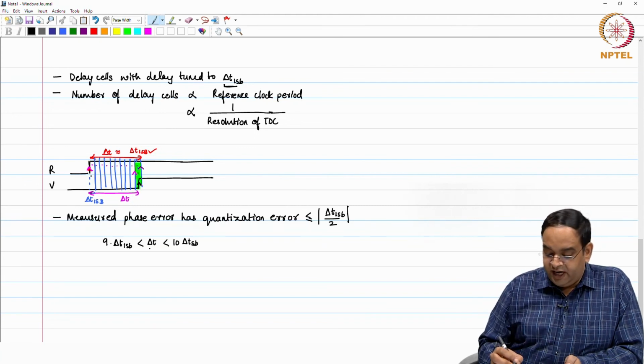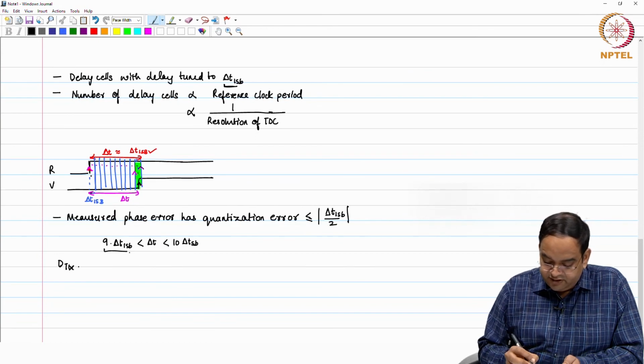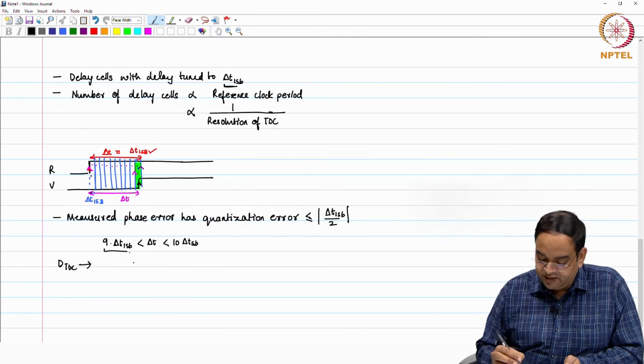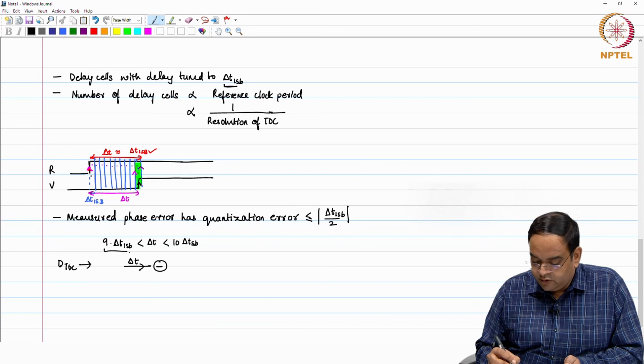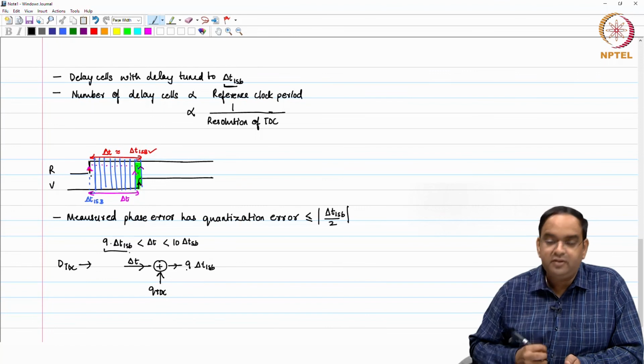So, if 9 times t LSB is the value of dTDC, then the actual phase error delta t gets added with the quantization noise qTDC to give you 9 times delta t LSB.